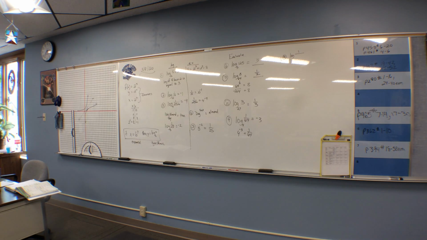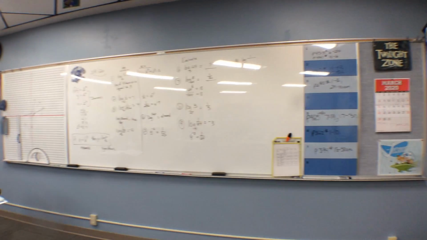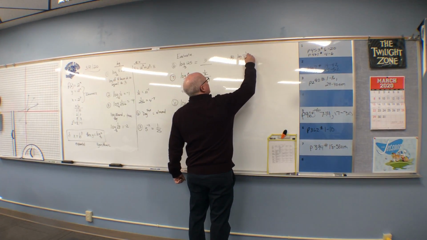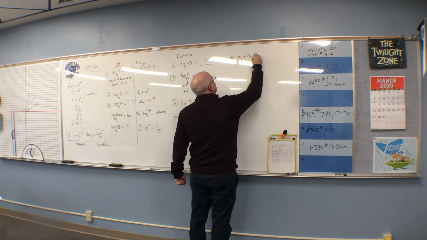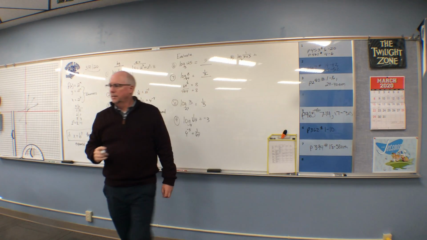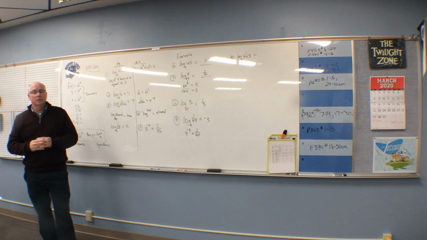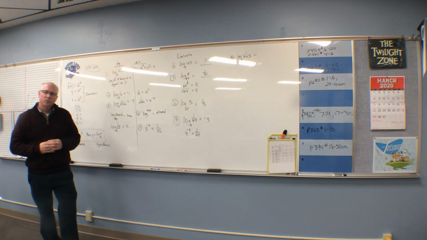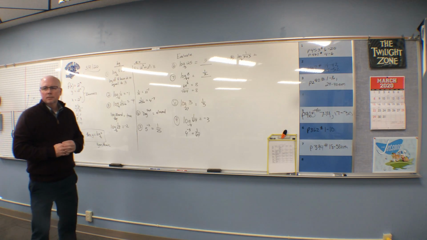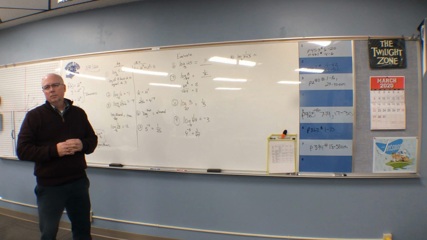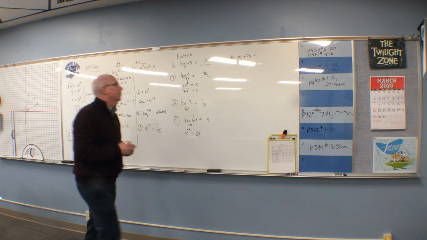Yep, that's right. Okay. 1 over 343 base 7. Lila? 7 to what power is 1 over 343? -3. Negative 3. Very good, Lila.